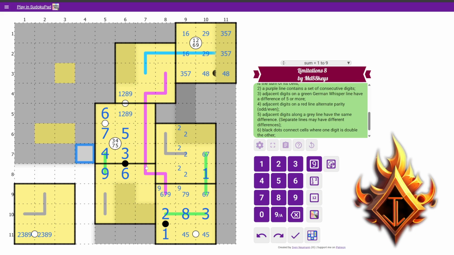So what other constraints do we have? We know that a 1 and a 2 have to be along this pink line. The 1 cannot be here. The 2 needs to be somewhere up through here.